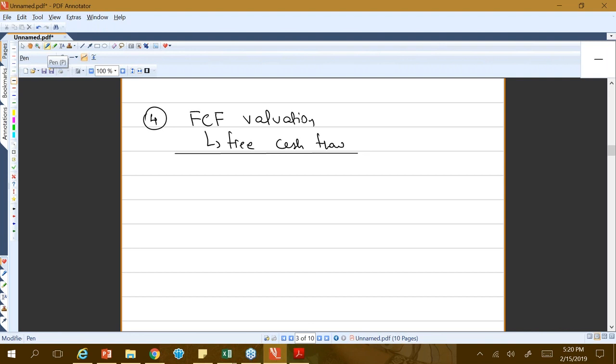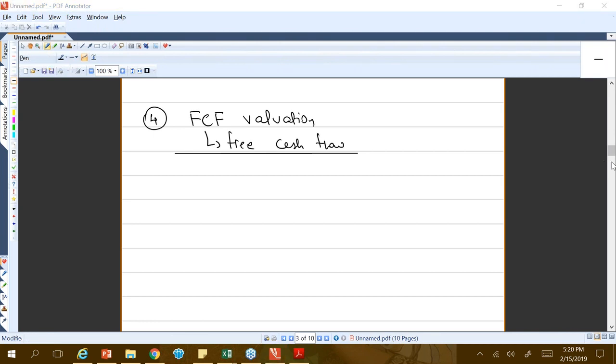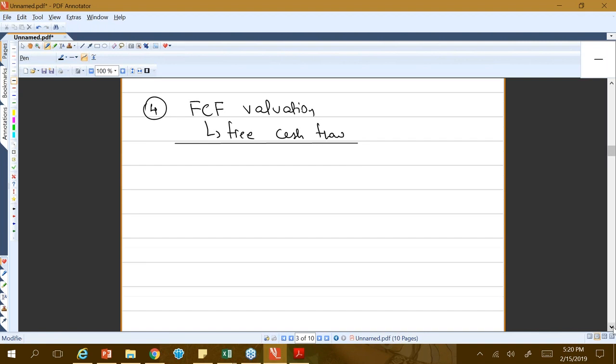The advanced version of financial management focuses quite a lot on this area. But at this level, we are not going to look at very detailed calculations on FCF valuation. Rather, we'll just have a little overview of what this method is trying to do.